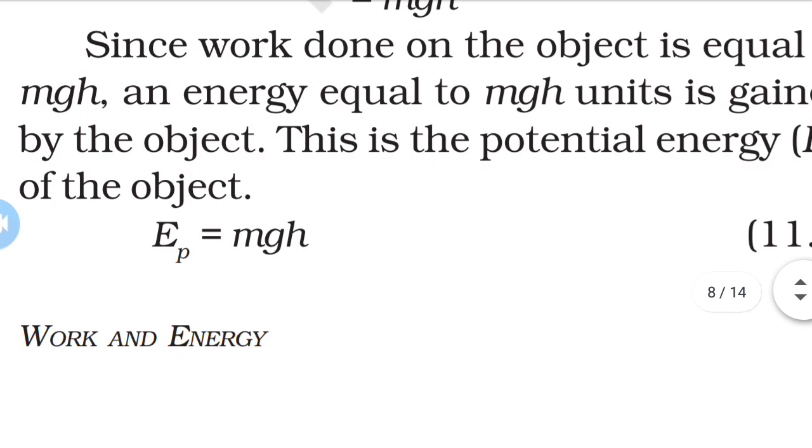The work done on the object is mgh, and this is the potential energy of the object. So EP is equal to mgh, where EP is the potential energy, m is the mass of the object, g is the gravity, and h is the height. EP means the potential energy of the object.